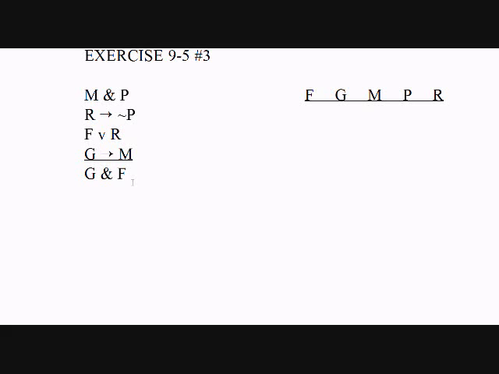Since we're trying to make all of the premises true, take a look at the very first premise, M and P. In order for the premise M and P to be true, both M and P have to be true. So that's where we will begin. We're going to say that that premise is true, and we are going to place the truth values that make it true.